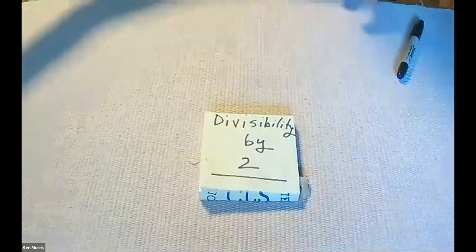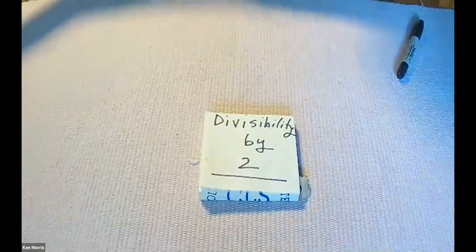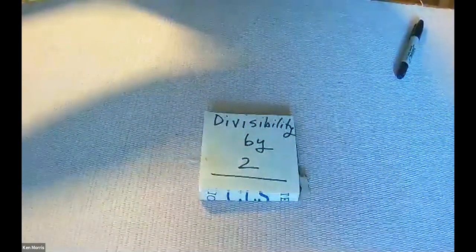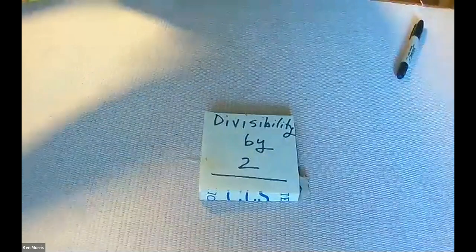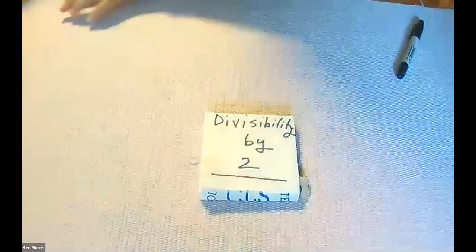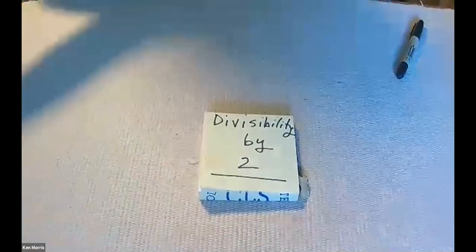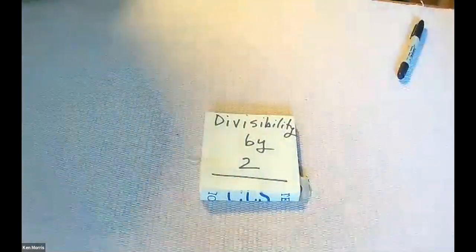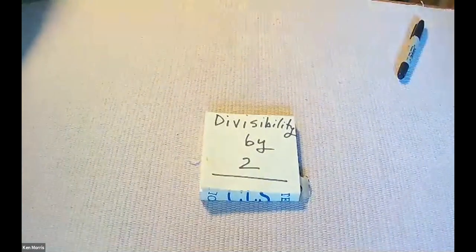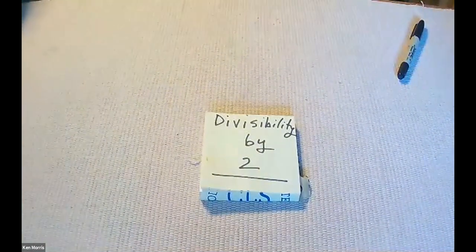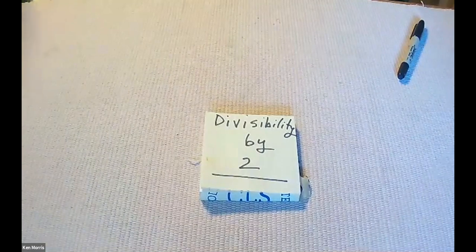We had noticed, for instance, that all the multiples of 2 were even, and we saw all sorts of patterns. Let me see if I can quickly find that for us and show it, just to remind us of what we did.